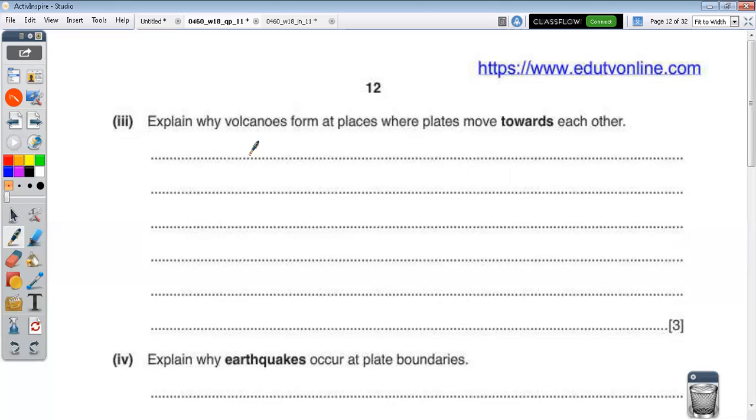So why do volcanoes happen when plates move towards each other? She says she's forgotten, I can understand. But 99% of you have learned the earthquakes and the volcanoes as a topic. So why, Karen, what's the reason? Why are volcanoes formed when plates move towards each other?